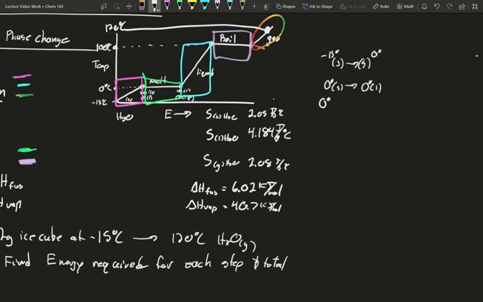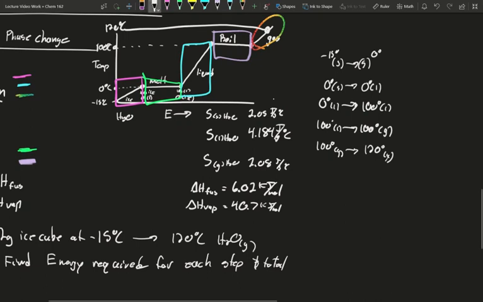We're then going to have 0 degree liquid warm up to 100 degree liquid. This will be where our water starts to get warm until eventually it starts to boil. After that, our 100 degree liquid is going to turn into 100 degree gas. And finally, we're going to warm up our gas. Our 100 degrees Celsius gas is going to turn into 120 degrees Celsius gas. So I have 5 parts that I need to calculate.